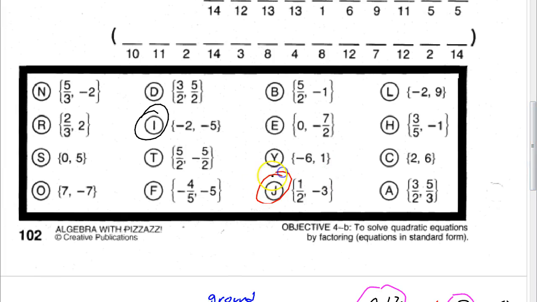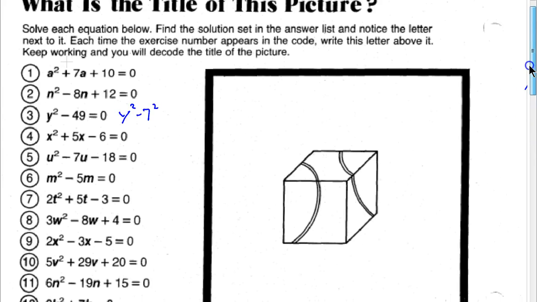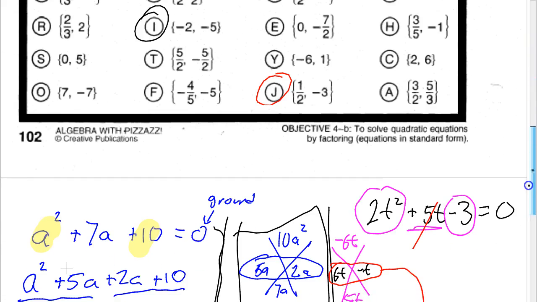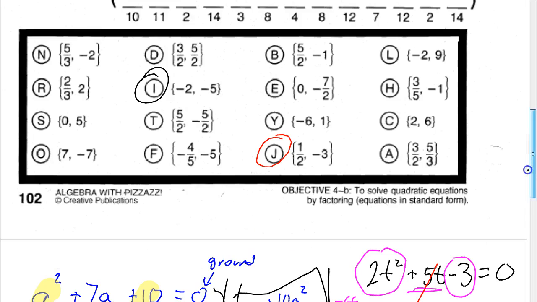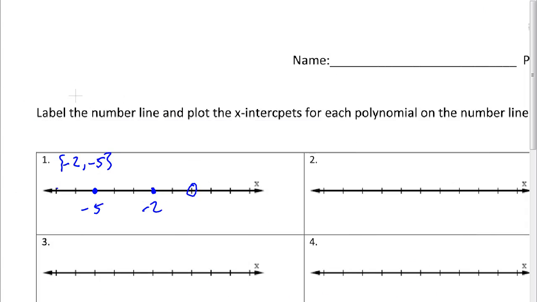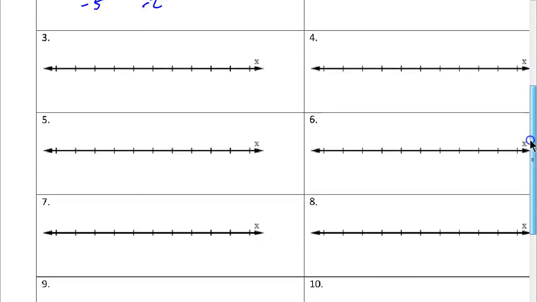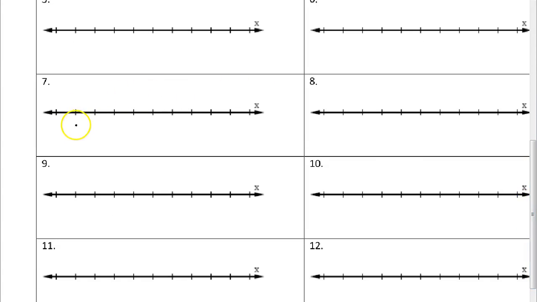And there it is, J. And then we can go to number 7 and graph 1/2 and negative 3. So if negative 3 is right here, negative 2, negative 1, 0, so 1/2 would be right here.